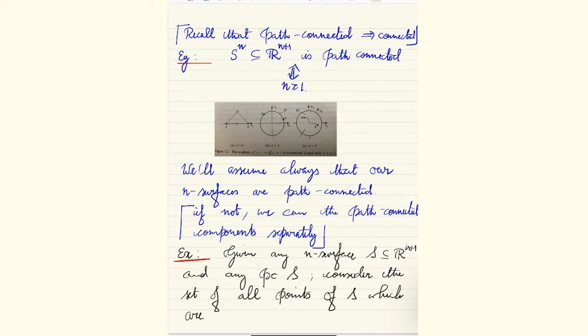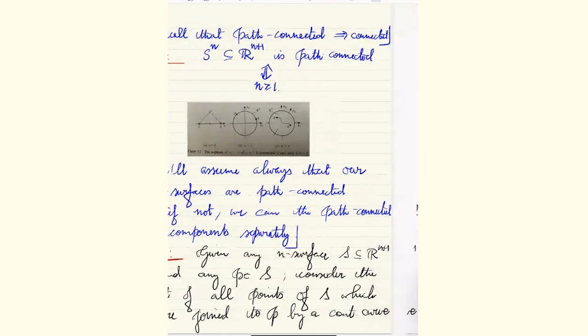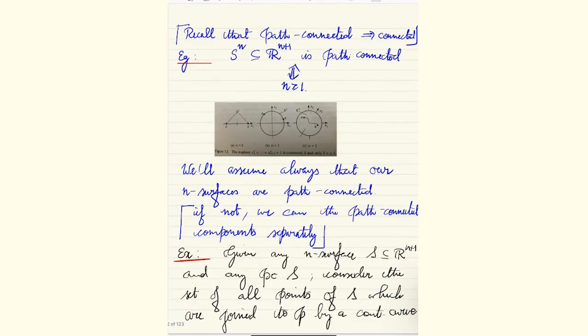So which are joined to P by a continuous curve lying entirely in S. So this set itself is an n surface. Okay, so that is one observation to have in mind.